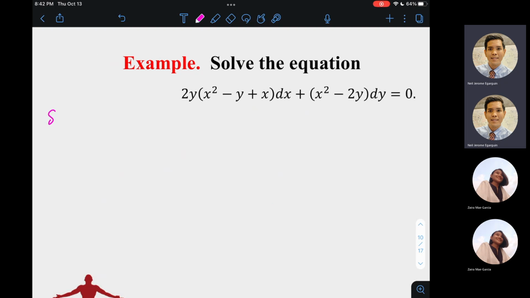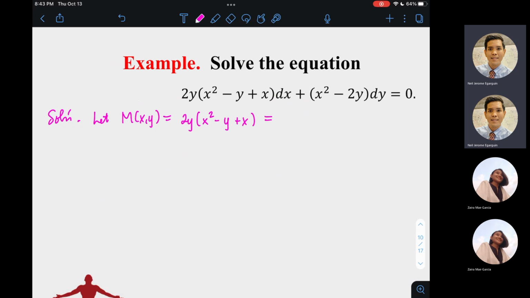Let's try the solution. Again, you can write your solution as if you are checking muna kung siya ay exact or hindi. So, gagawin ko, I will let capital M, a function of both x and y, to be kung ano yung na-multiply kay dx. All right? So this would be 2y times x squared minus y plus x.